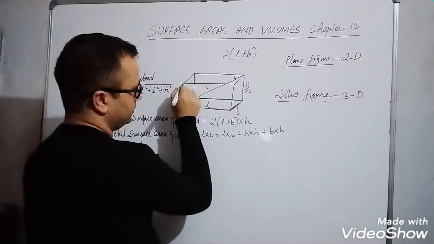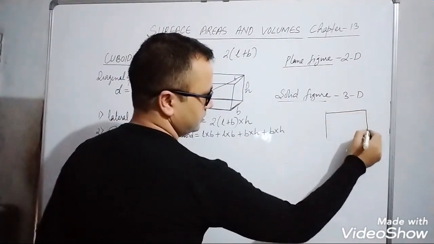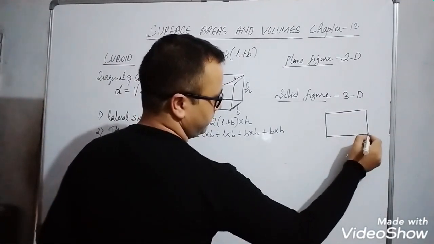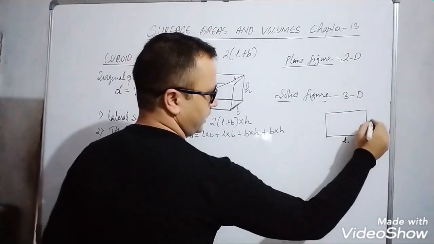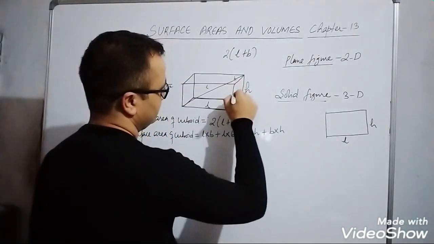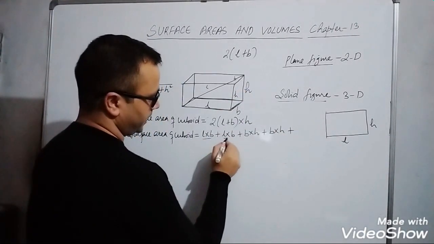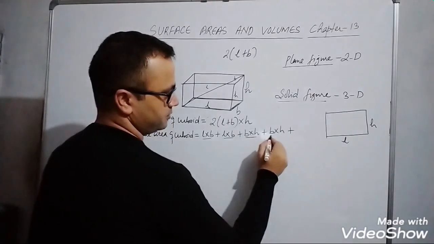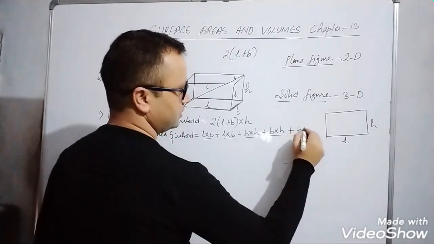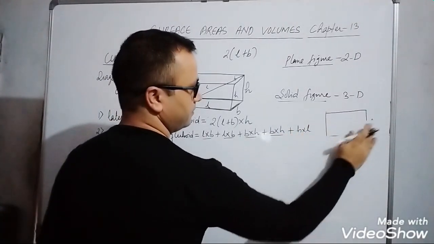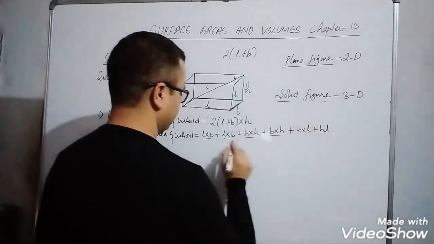And the front face, see the front face is like this. So front face and back face are equal. So it is L and H, height. Plus L into B plus L into B, B into H plus B into H, plus H into L, H into L plus H into L.